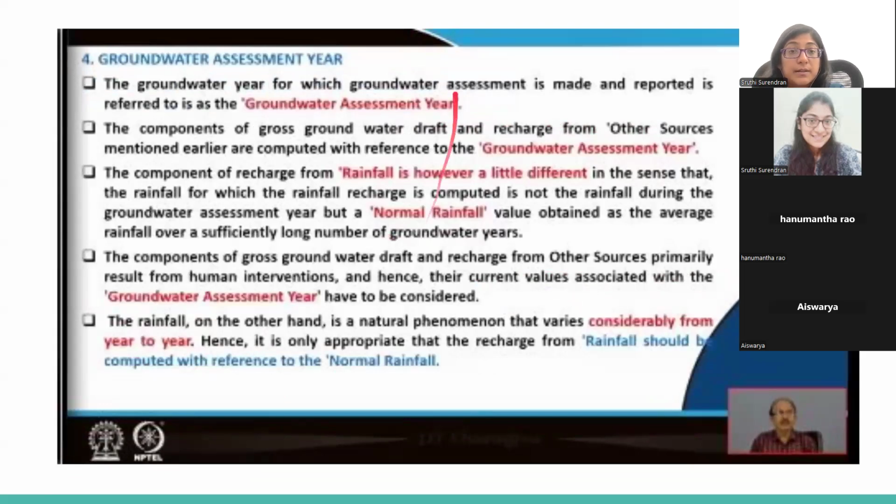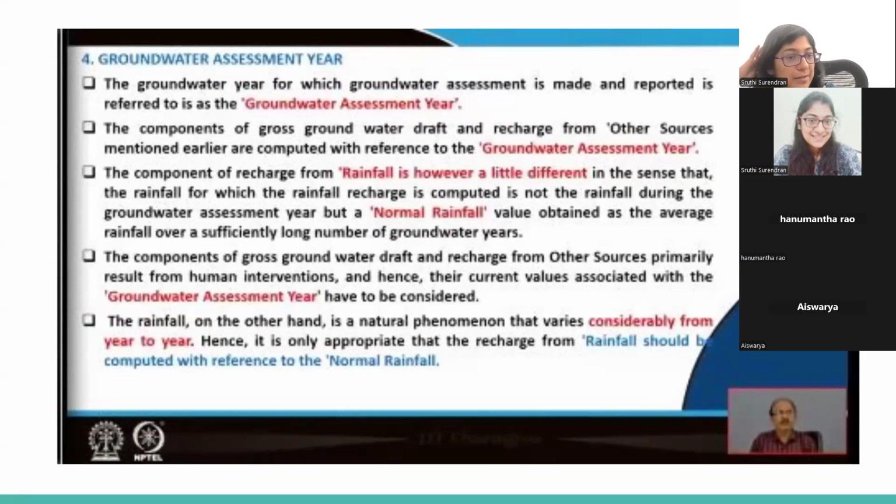Then there is something called the groundwater assessment year. Out of a lot of groundwater years, the year during which the groundwater assessment is conducted is called the groundwater assessment year. We talked about 2017 when we discussed a lot of statistics: annual replenishable recharge, total extractable annual recharge.